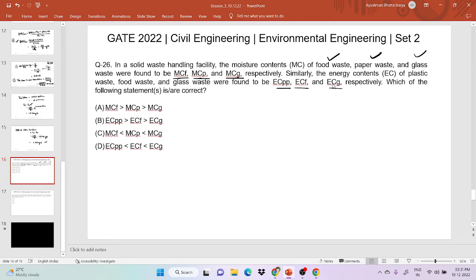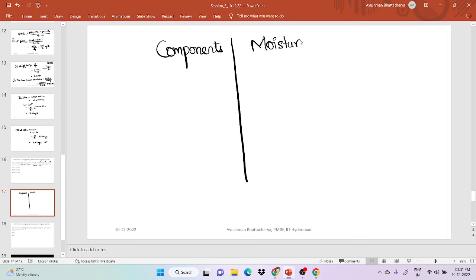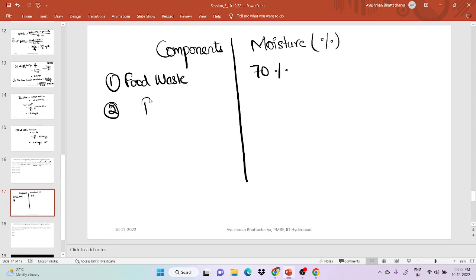In this, first I will tell you the characteristics, then we will solve this. So basically components and moisture percentage. First is food waste, moisture percentage 70%. It is better you just know these values. Second, paper, 6%.